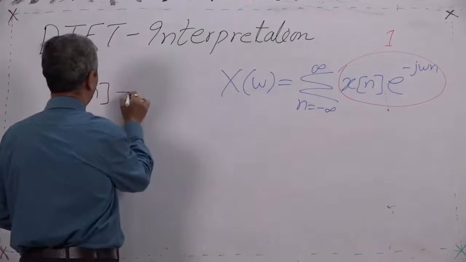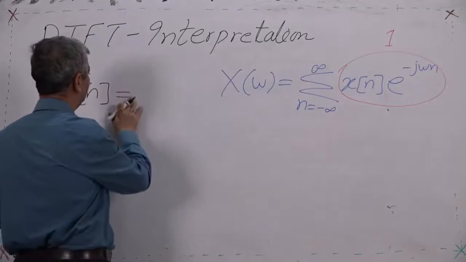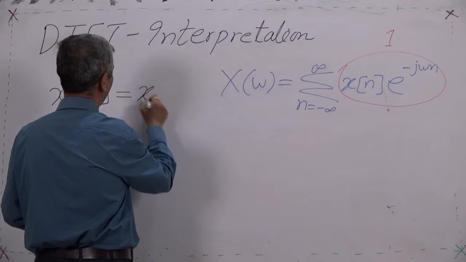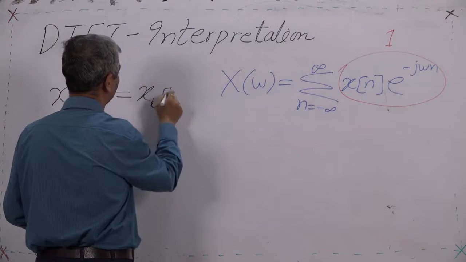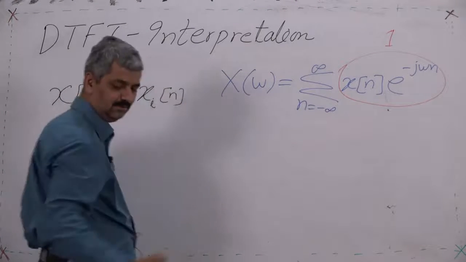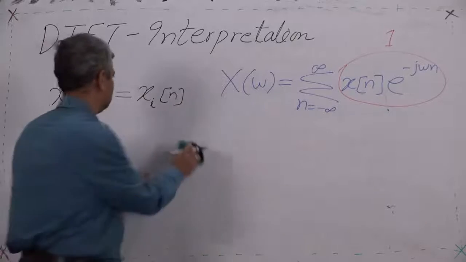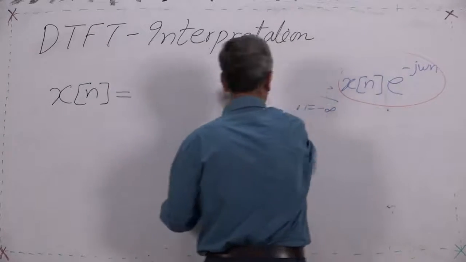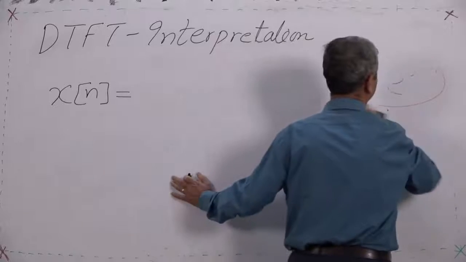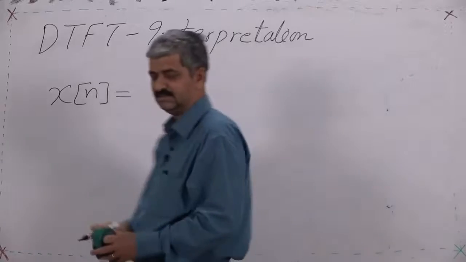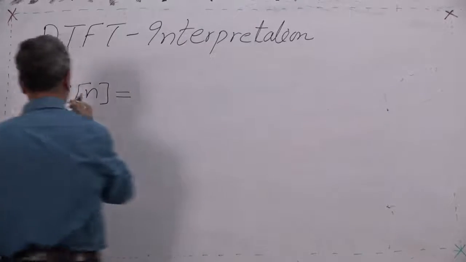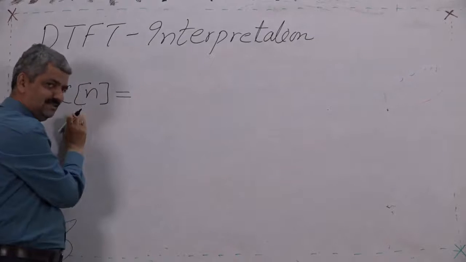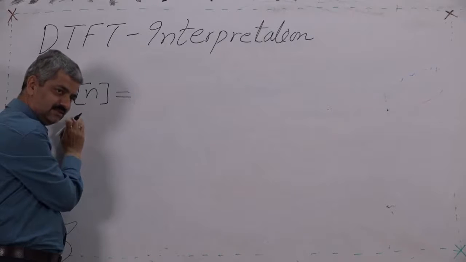So I say, listen again, that is very important. I claim that xn is comprised of sub-signals. xn is a given sequence.